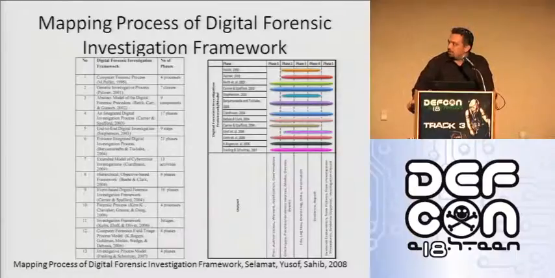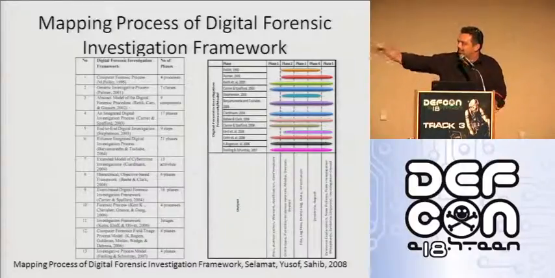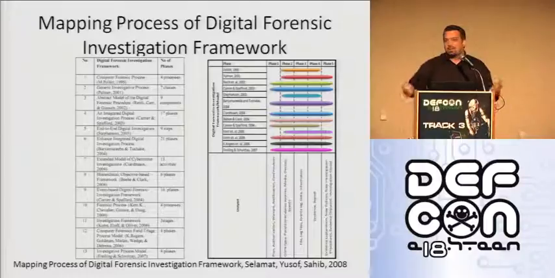It's a little bit older now. I think it was published in 2008. But they looked at 13 different methodologies, and they found that different methodologies had different numbers of phases. Some of them had 4 phases, and some of them, I think, had 21 phases. And so what they did is they grouped everything into 5 common phases on the right-hand side, as you can see there.